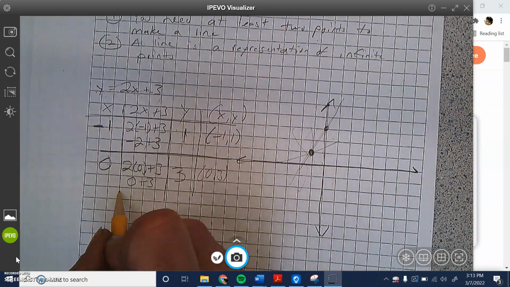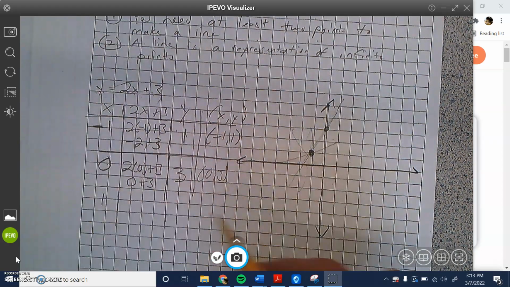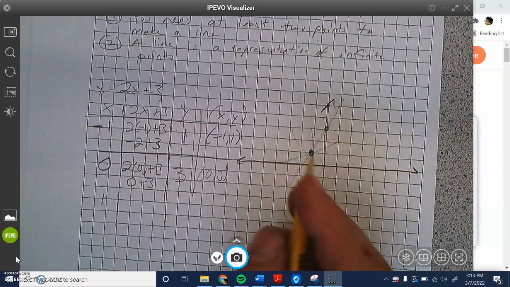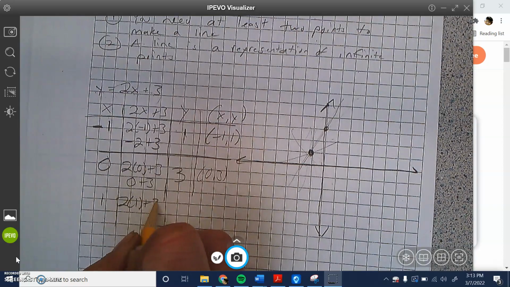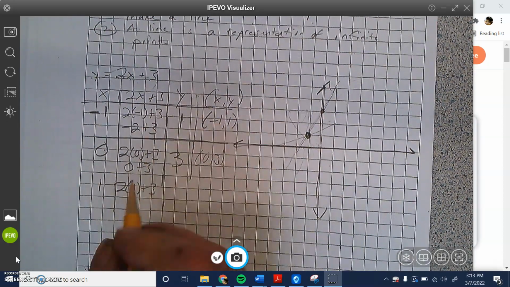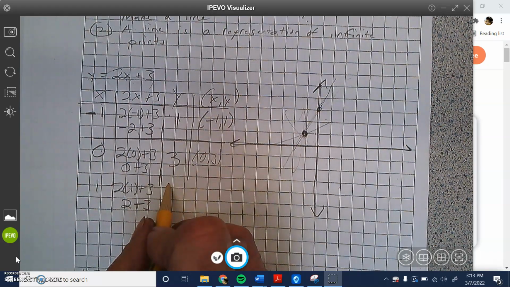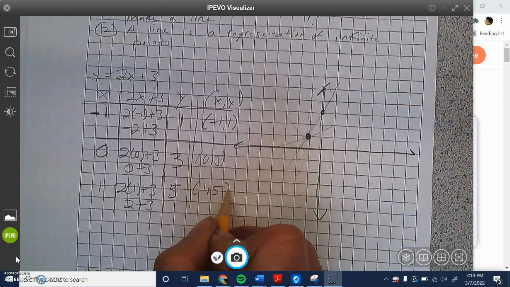Okay, so what's another number I can have? I don't know. 1. 1's easy to work with. I could have said a half. I could have said 100. But I'm going to pick 1 because 1's easy to work with. 2 times 1 plus 3. 2 times 1 is 2. 2 plus 3 is 5. 1, 5.